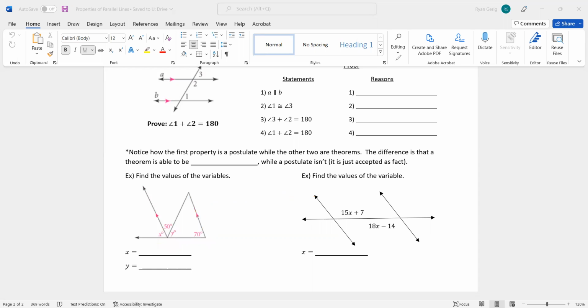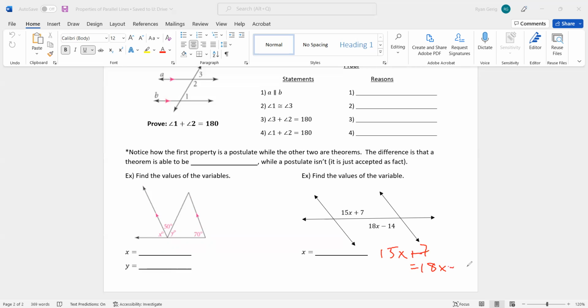All right. The last example, find the values of the variables. Okay. A lot of people are going to start looking at it and say, okay, those are alternate interior angles. So 15x plus 7 equals 18x minus 14.